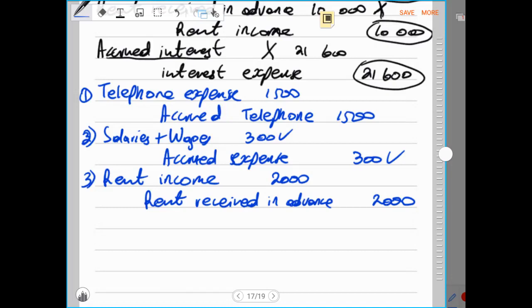So now we have to debit our rent income, or reduce our rent income by 2,000 rands, because incomes decrease on the debit side. Then after, we have to increase our liabilities by 2,000 rands under trade and other payables.